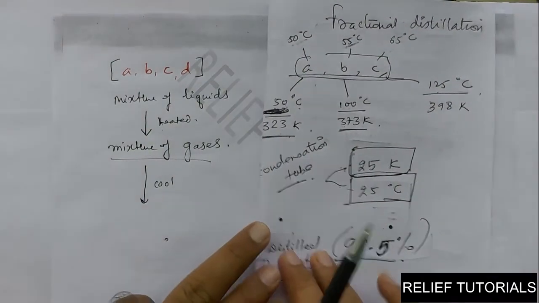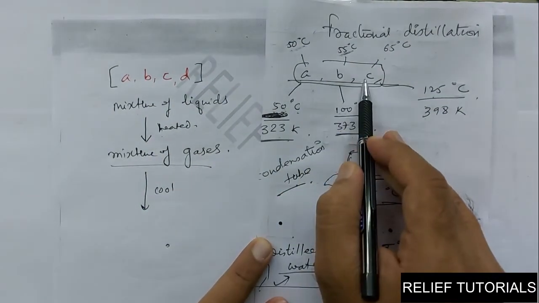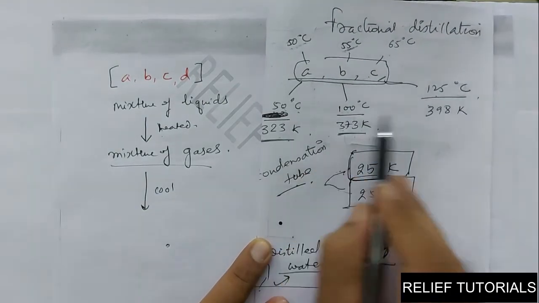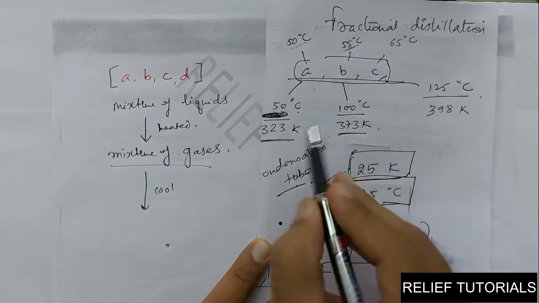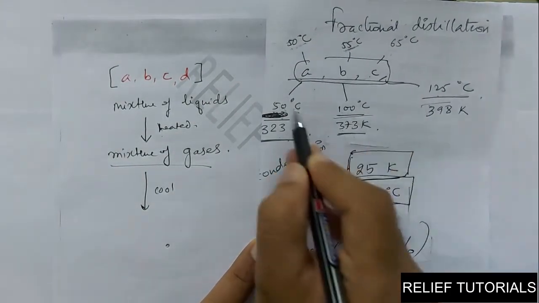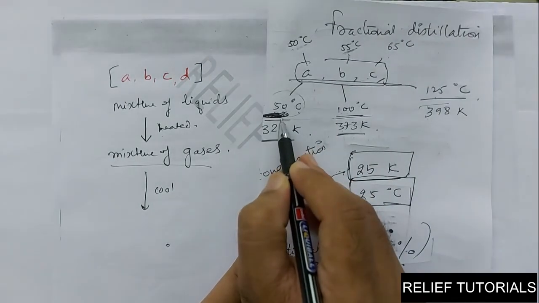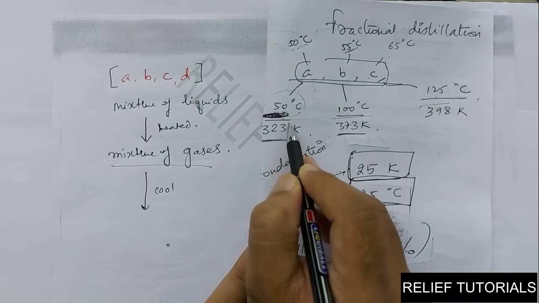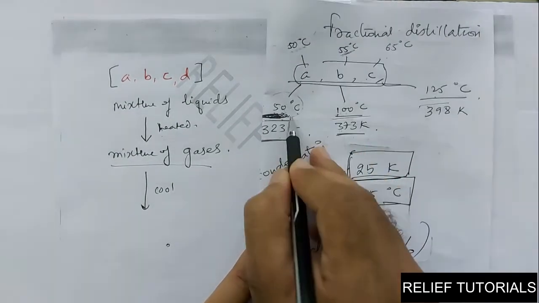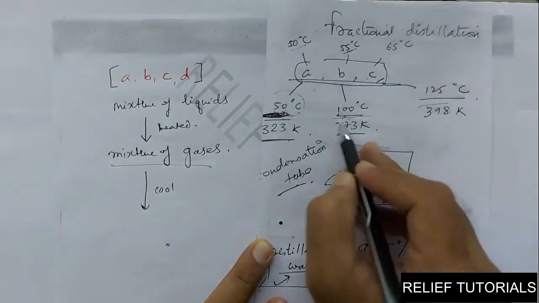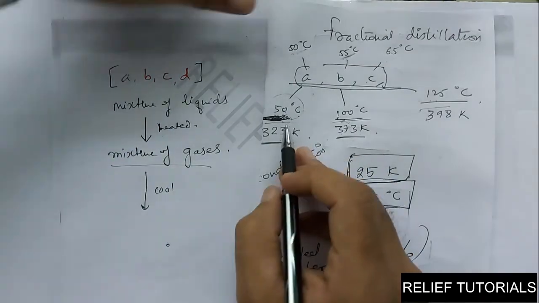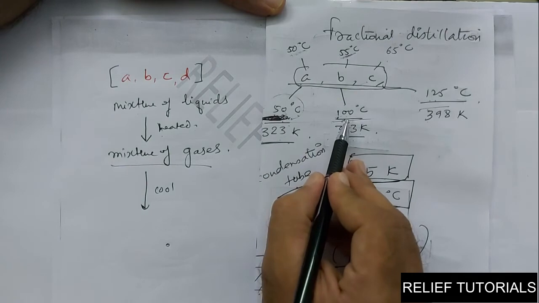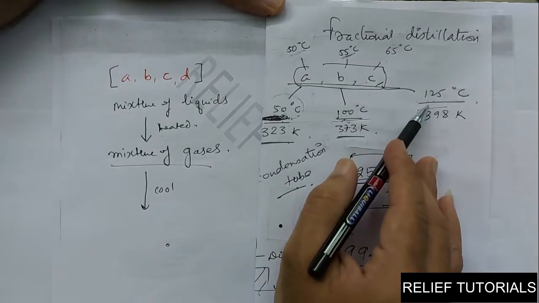For example, we have a mixture of A, B and C, having boiling points 50, 100 and 125. So what will you do? You will take this mixture in the flask and heat it. Which component will be taken out first? I think this one. We are talking about the simple distillation process because they have a boiling point difference of nearly 25 Kelvin. So here the 50 degrees Celsius component will be taken out first, then this one and then the last one.